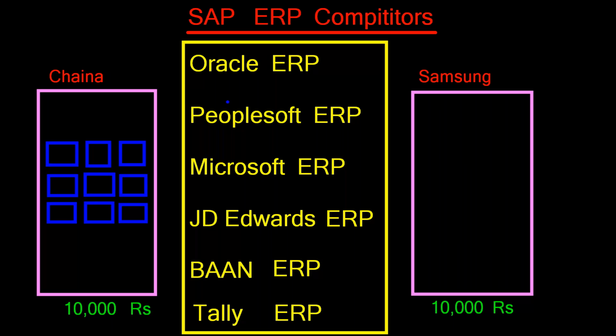Microsoft, Oracle, very, very big companies. But why are people looking for SAP? Why do they choose SAP rather than such big companies? I am explaining with a general example. Whenever we purchase a Chinese smartphone which is 10,000 rupees, by default we are getting 6 apps. In a Samsung mobile also we are getting 6 apps by default.